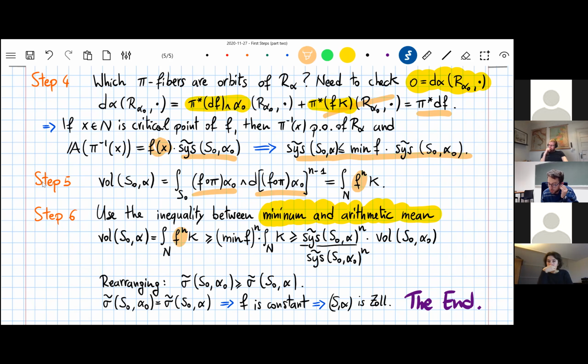And then, once you have this, you just use this inequality here, relating the minimum of f with the systole, and then you are basically done. So this is the idea, and here you really see this parallelism between this case and the case for the torus. Okay, thank you very much for the attention.